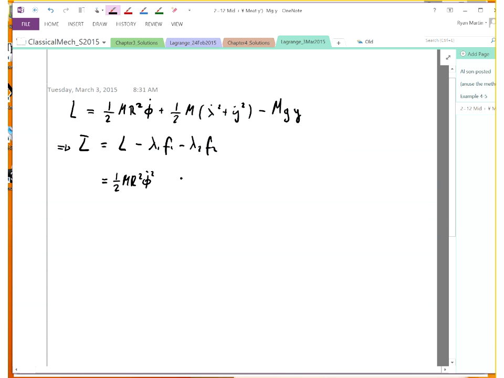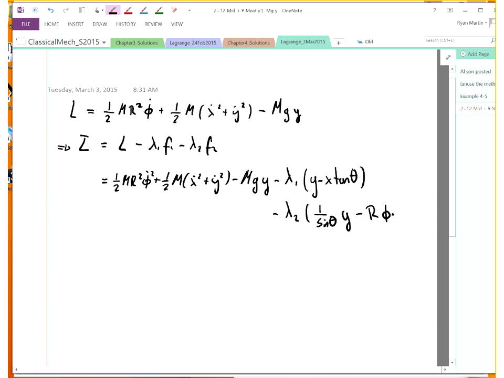So that gives us a half capital MR squared phi dot squared plus a half capital M times x dot squared plus y dot squared, minus mgy, and minus lambda 1 times the F1 function we had, y minus x tan theta, and then minus lambda 2 times 1 over sine theta y minus capital R phi.